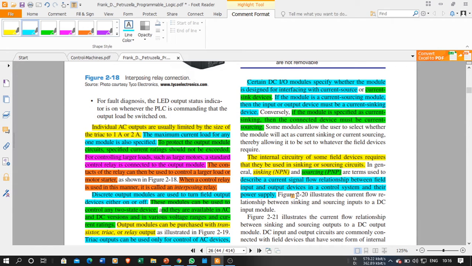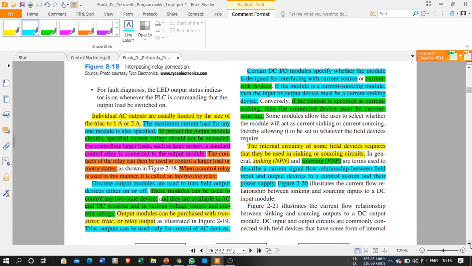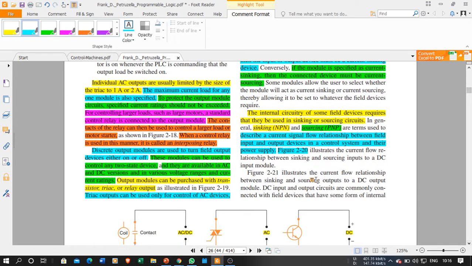Figure 2.21 illustrates the current flow relationship between sinking and sourcing output to a DC output module. So 2.20 represents the input module and 2.21 represents the output module.